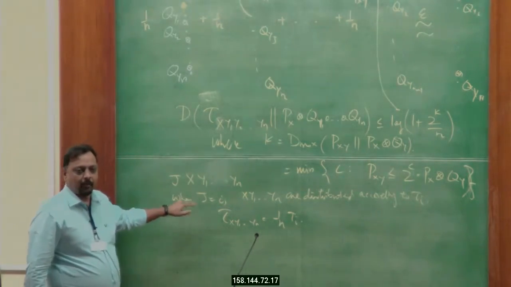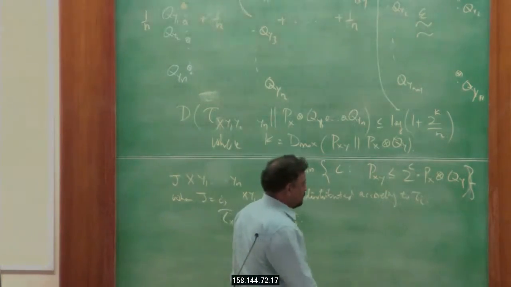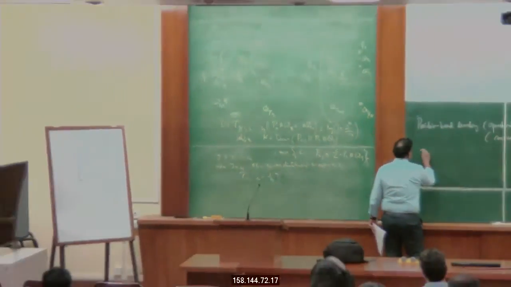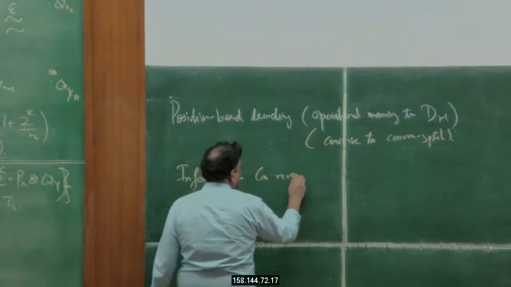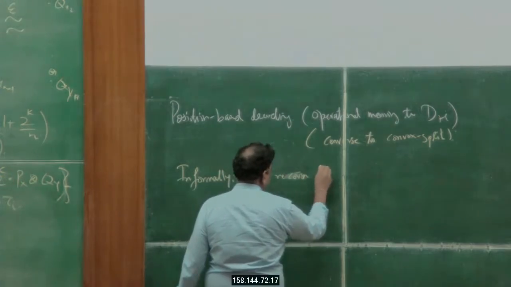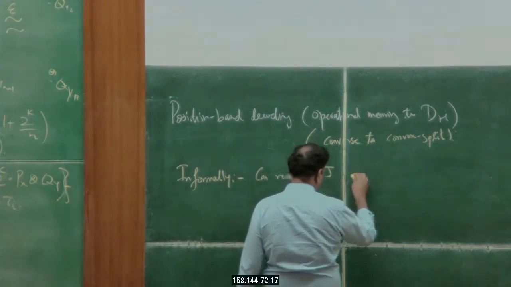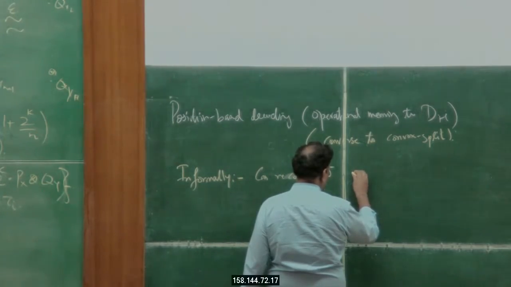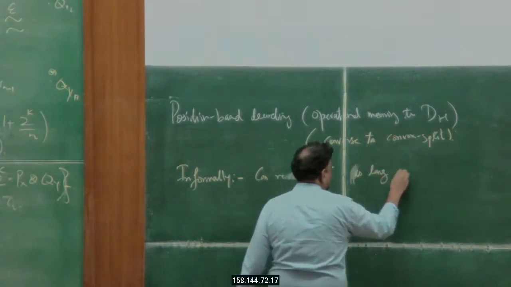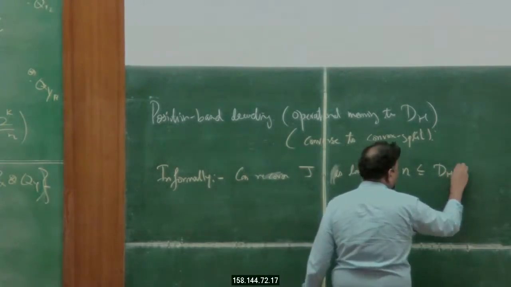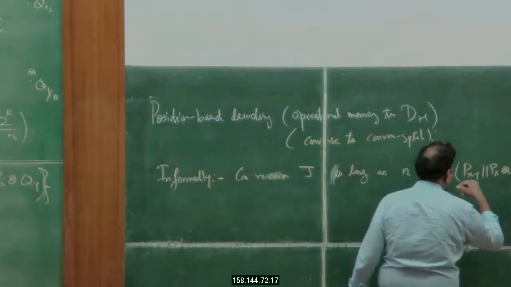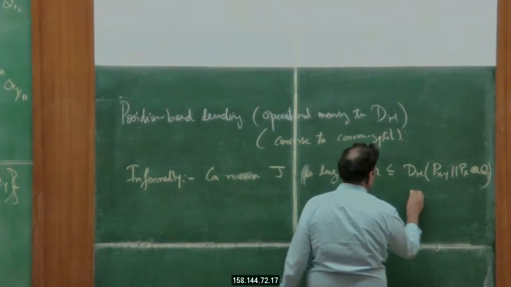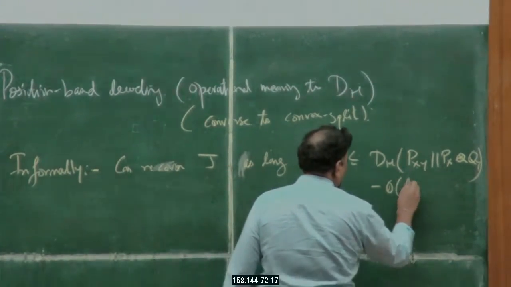So let me just informally say here that we can recover j as long as n is less than or equal to dH of Pxy, Px tensor Qy, a little less than that, so maybe minus say order log 1 over epsilon.